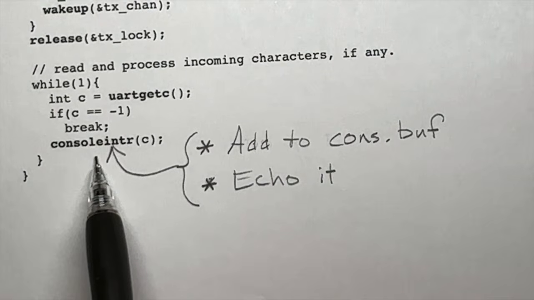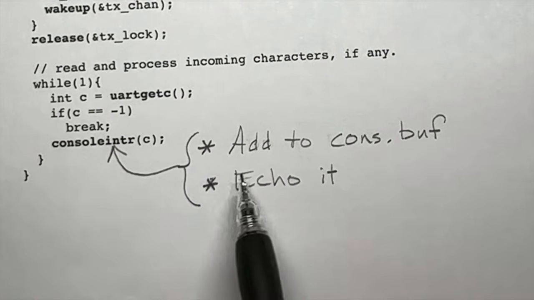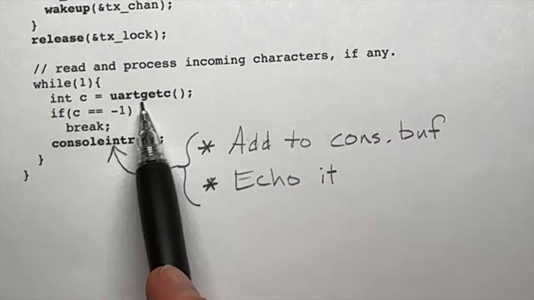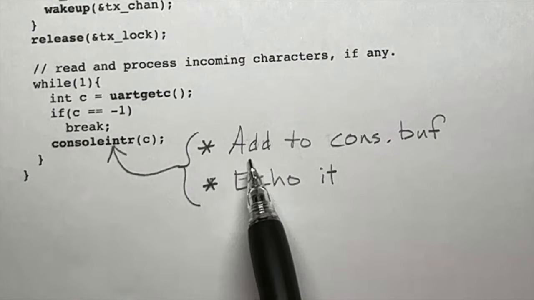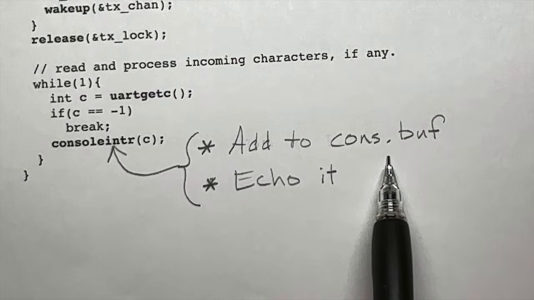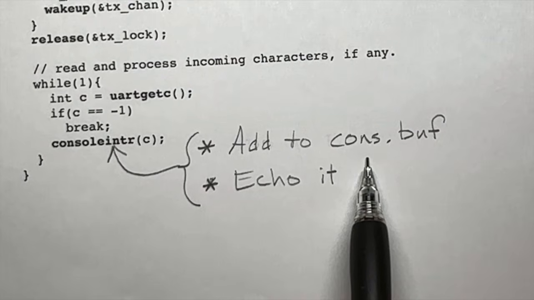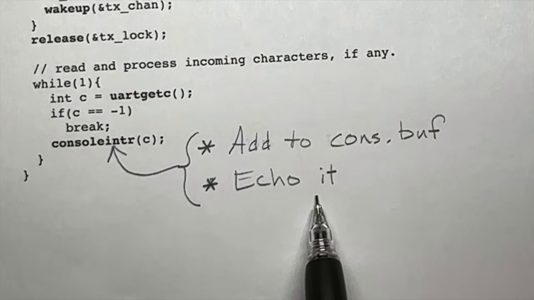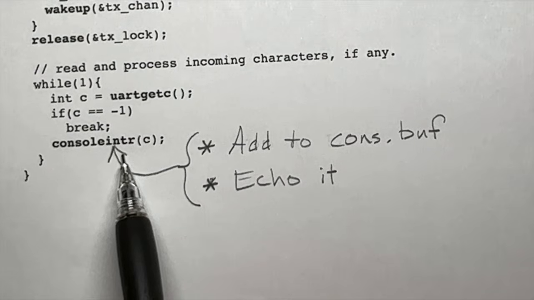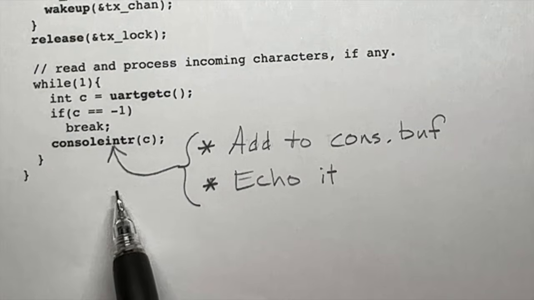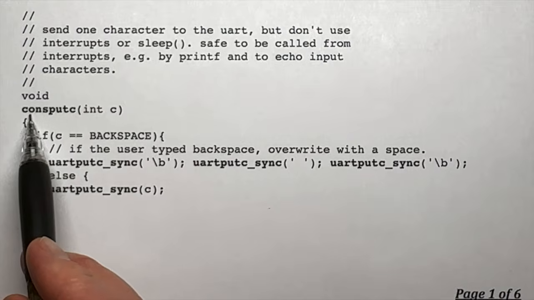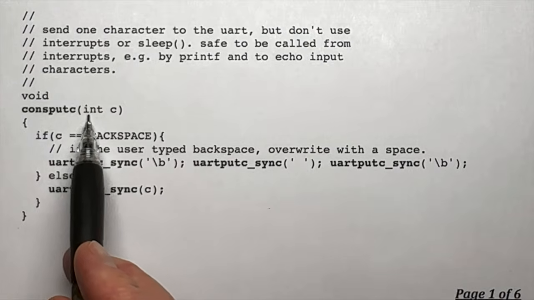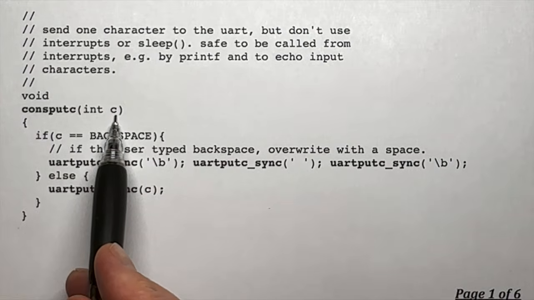The next question is, what do we do with the incoming byte? We need to do two things. First, we need to add it to the kernel's input buffer to hold it until the user process asks for data. Second, we need to echo the byte. The console interrupt function will do these things. But first, let's look at a function called consputc, which will be called to echo the character.